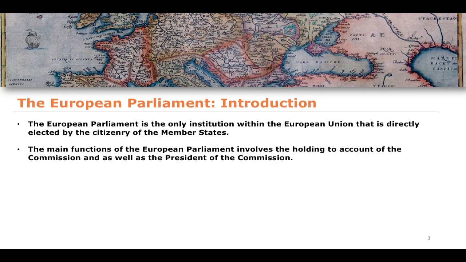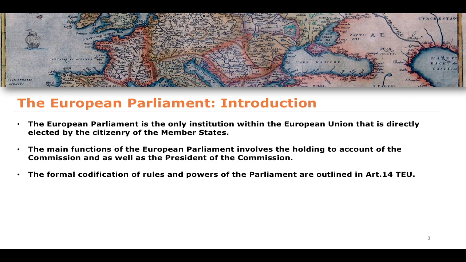Now, the main functions of the European Parliament involve holding to account the Commission as well as the President of the Commission, both of which are very important roles for the establishment of democratic legitimacy and accountability within the Union's political system.